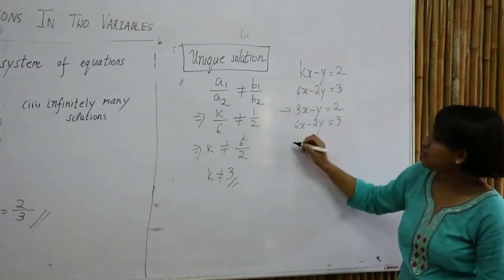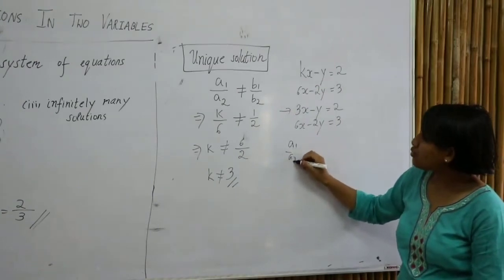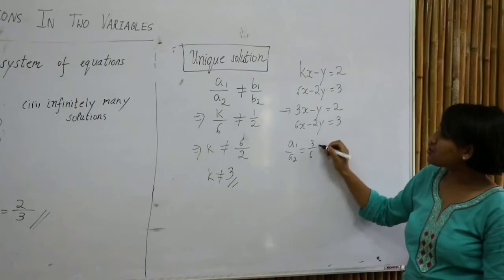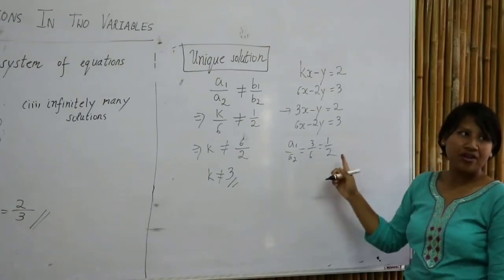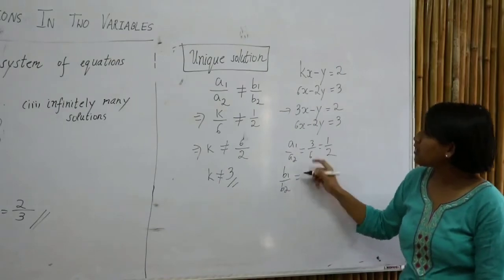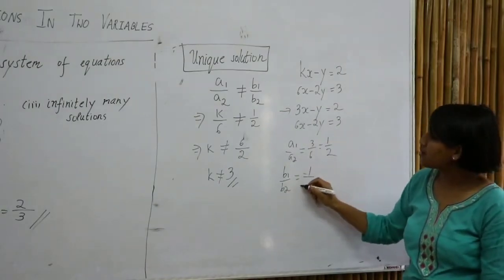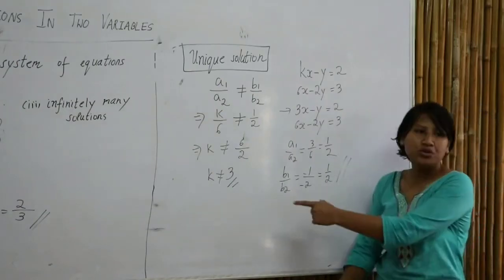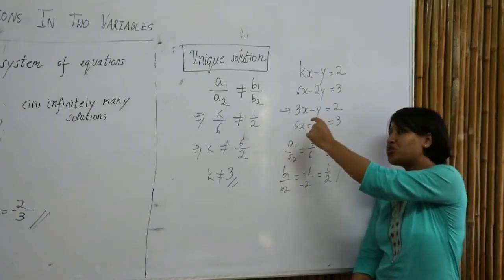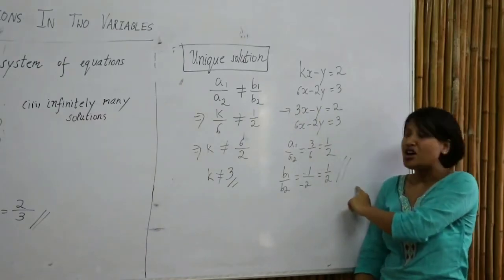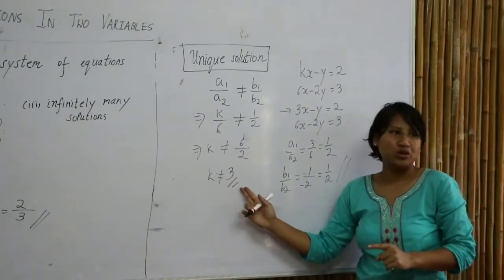Now this is A1, A2, you take the ratio as well, 3 by 6, you will get half. And then for B1 by B2, it is minus 1 and minus 2, half. So what do you see? When you put k to be 3, you get that they will be equal. So that's why k should not be equal to 3.